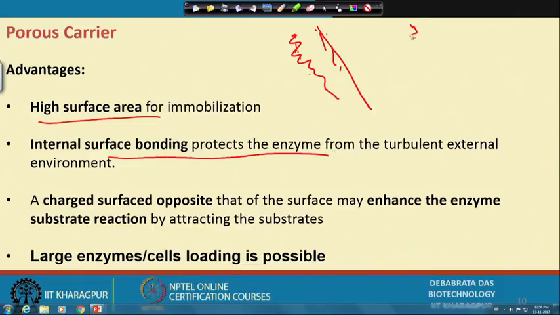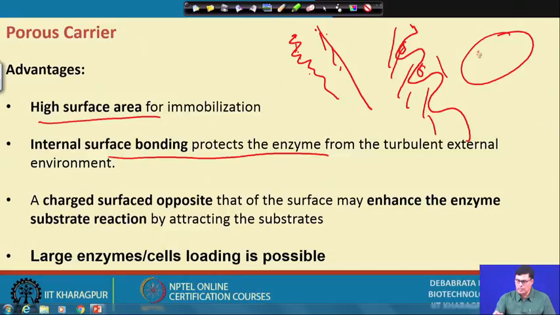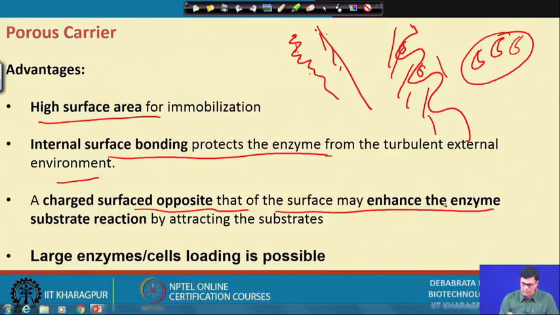Now suppose this is how your solid matrix is. If your enzymes are here, it gives some kind of protection, because it is embedded, or when we talk about, suppose, encapsulated enzyme, it has some enclave that can protect the enzyme. The internal surface bonding protects the enzyme from turbulence or external environment, and a charged surface opposite to that of the substrate may enhance the enzyme substrate interplay, attracting the substrate.